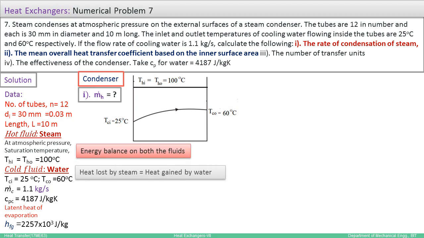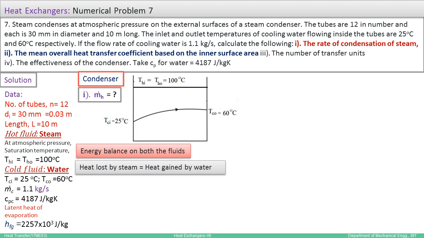Using the energy balance on both the fluids, heat lost by the steam, which is the hot fluid, should be equal to heat gained by the cold fluid, that is water. And heat lost by the steam, since it is condensation, is just the loss of latent heat. So m dot h into hfg will give you the heat lost by the steam, and sensible heat gained by the water is m dot c into cpc into tco minus tci.